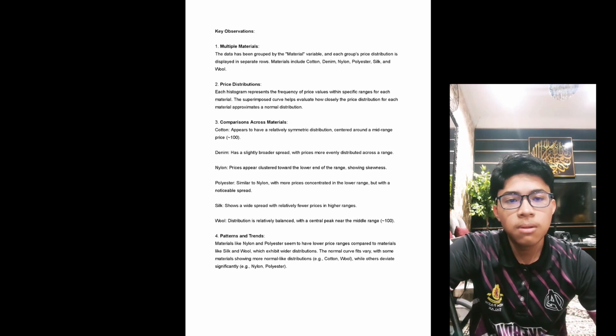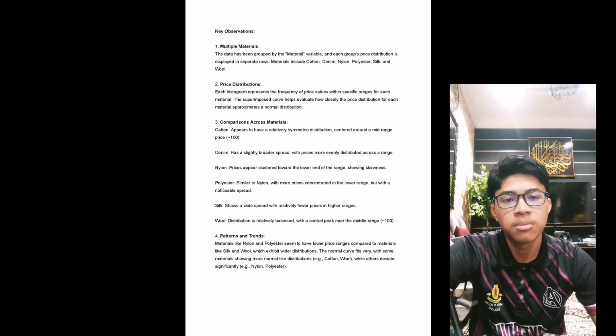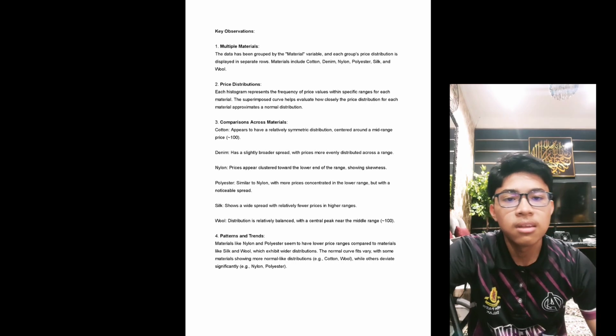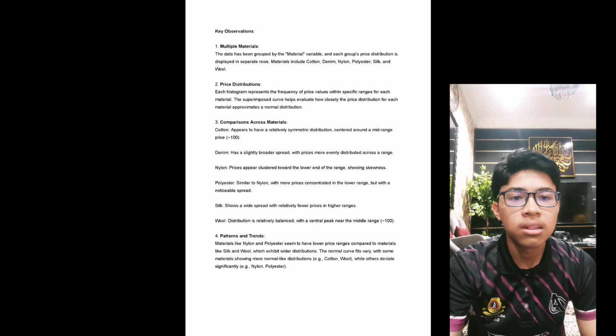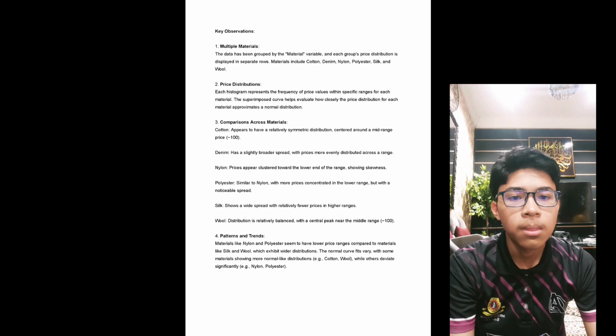Next, polyester, similar to nylon with more prices concentrated in the lower range but with a noticeable spread. With silk, it shows a wide spread with relatively fewer prices in higher ranges. Lastly, wool, whose distribution is relatively balanced with a central peak near the middle range, 100.